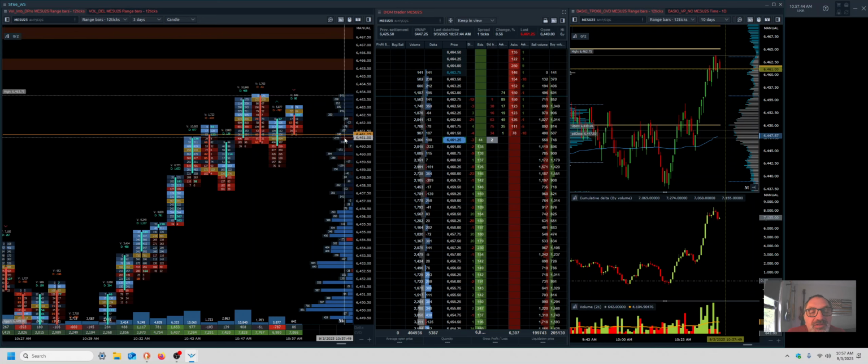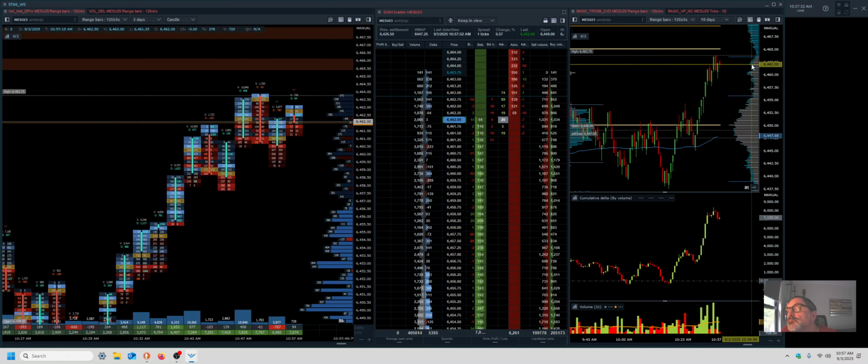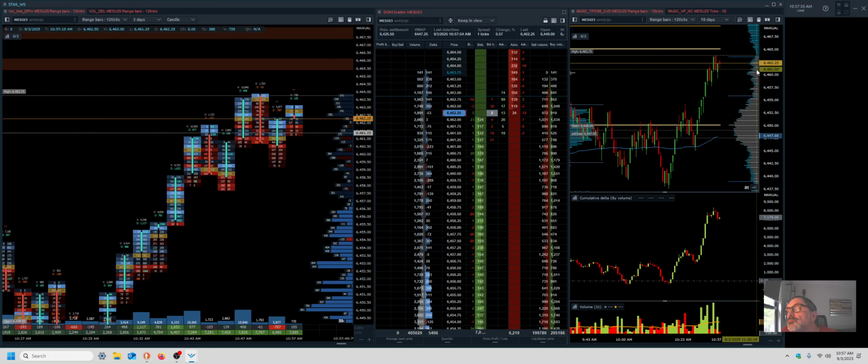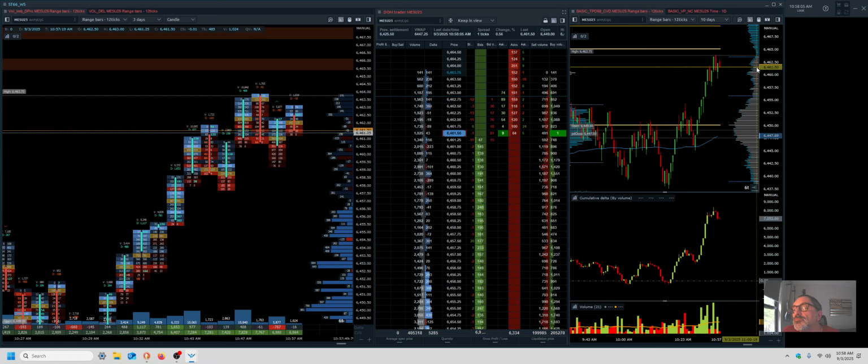We can see if buyers could hold 61 even. So I'm looking at 61 even. Let's see if buyers could hold that. So far they are, 61.75. So I'd be looking at 61.